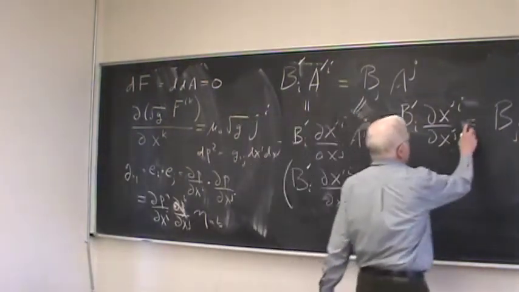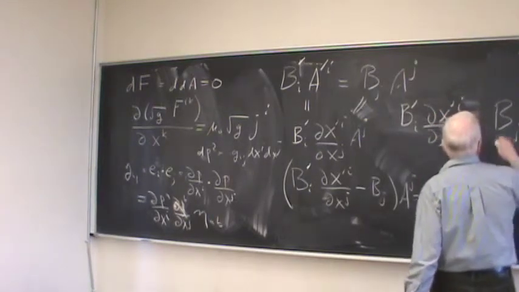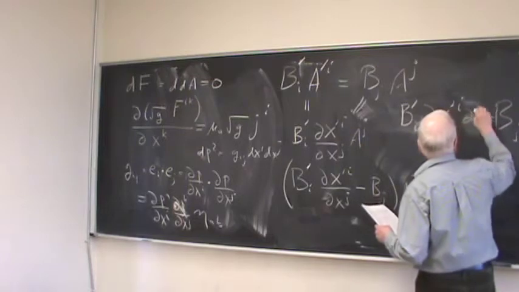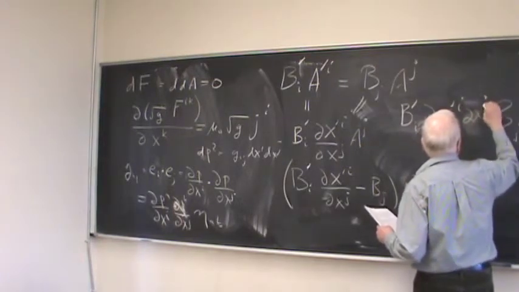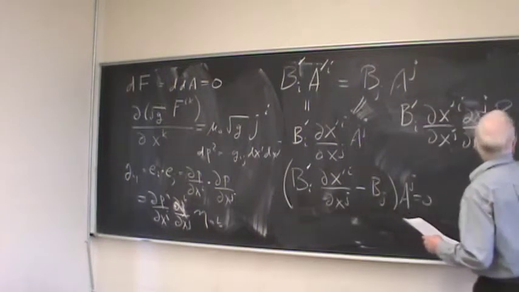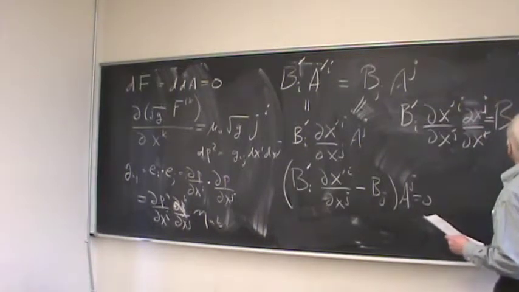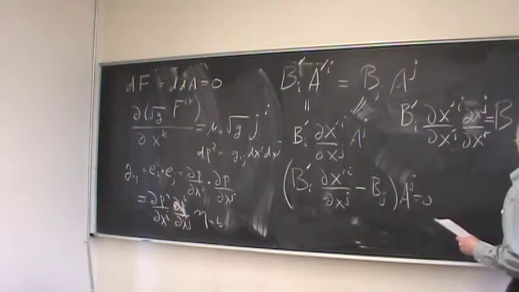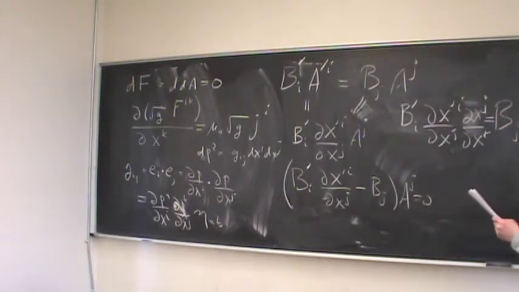So what I'm going to do here is rewrite this, and I'm going to multiply it by partial x^j, partial x'^k, and there's a prime here somewhere.